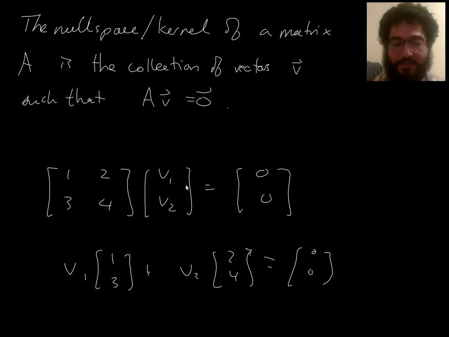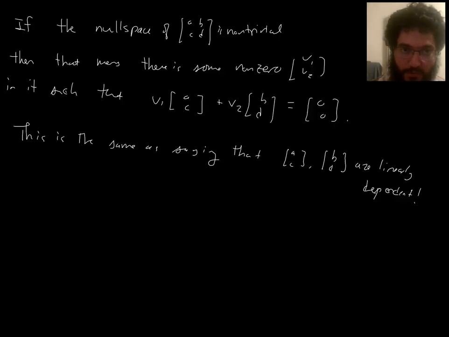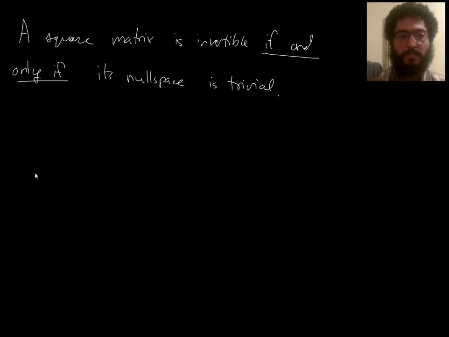Can I prove that these have to be 0? You can do that, but there's a quick computational way to do it, which is actually not so quick when the matrices get large. It's actually kind of useless, but there is a quick way for small matrices to immediately know whether the null space is trivial, and that's the determinant.